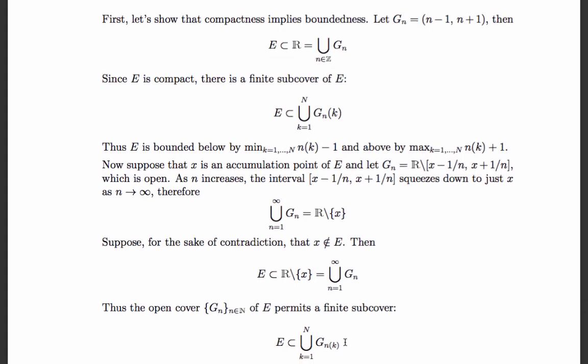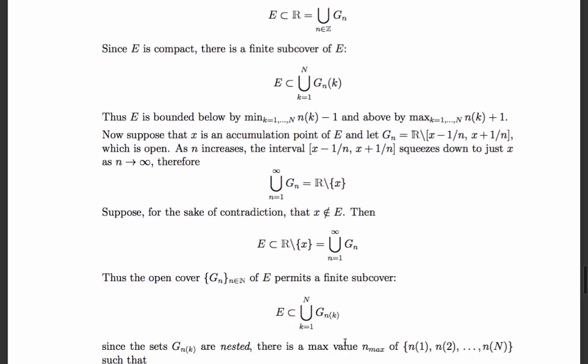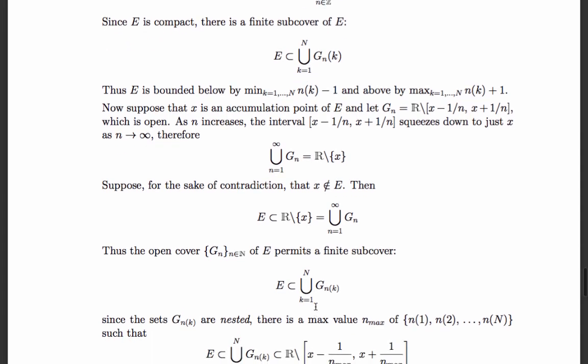Thus, the open cover, G_n, of E permits a finite subcover. How do we know that that's true? Well, because E is compact. Every open cover permits a finite subcover. So there's some finite subcover, right, whose union contains E.